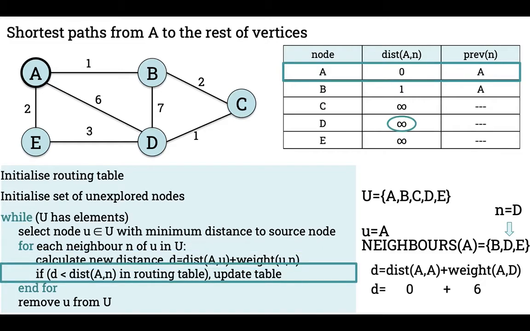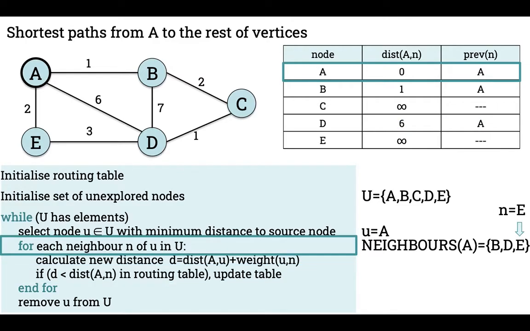Now, we check whether this distance is shorter than the distance recorded in the table from node A to D. Yes, 6 is shorter than infinite. So we update the table with the value of the shorter distance just found and the information about the previous node, which is A. We finish the processing of node D and we move now to process node E.